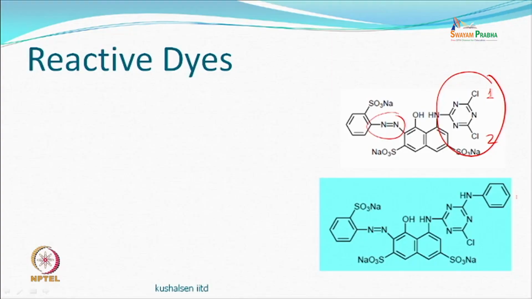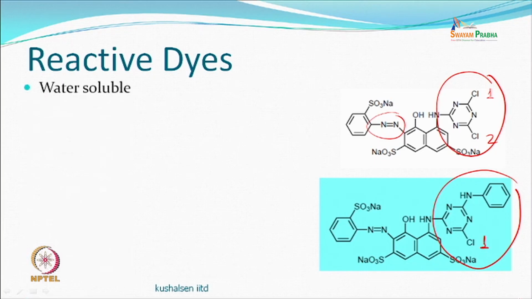And so one of the ways the same group was modified is that you have only 1 chlorine, and so you have monochlorotriazine group, similar dye, but this is the change that you make. And so this is sometimes known as the hot brand dye as well, and so they are the ones which will be preferred for dyeing compared to the one which is on the top.